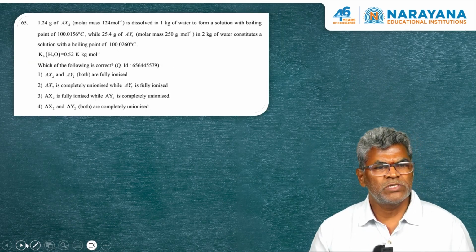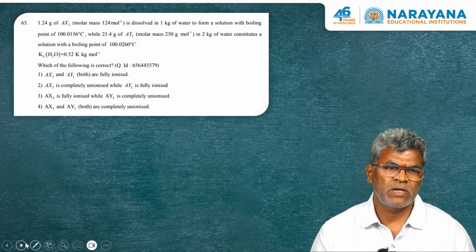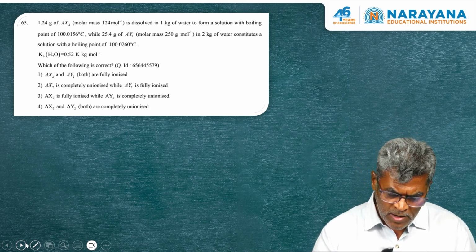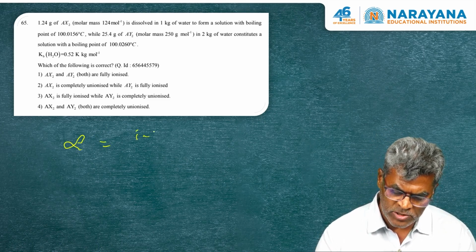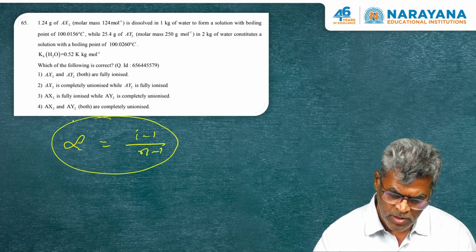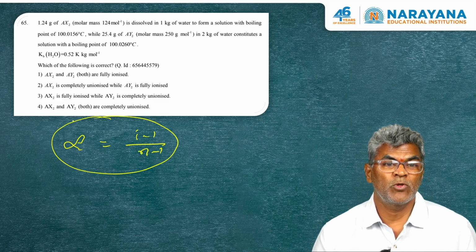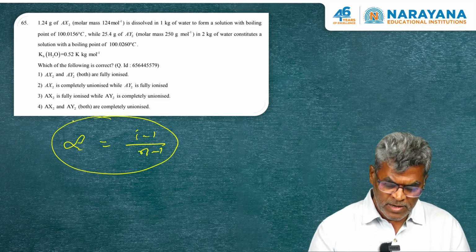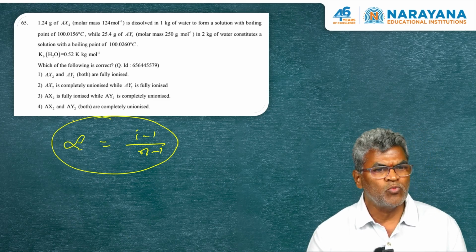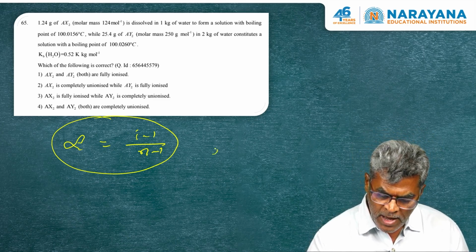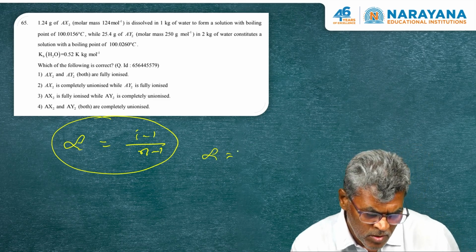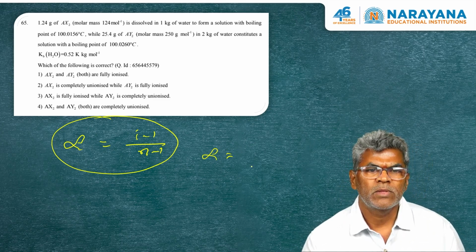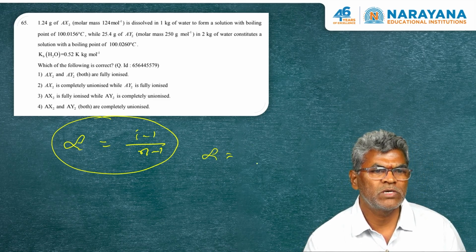Next question, this is Van 't Hoff factor calculation, colligative properties. For calculation of colligative properties, we can see alpha is equal to i minus 1 by n minus 1. This is the formula to be used. Since alpha is given for both, you apply that, calculate. For AX2, alpha is equal to 0.3 is given, 30% they have given in the question.